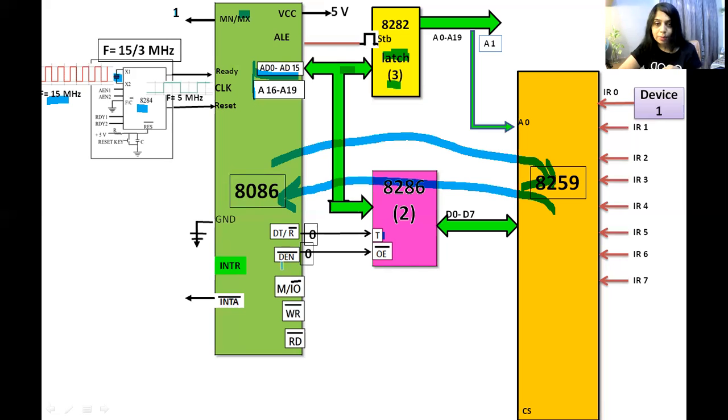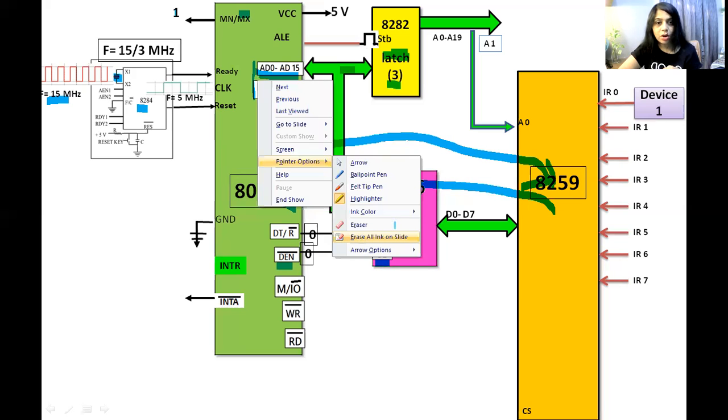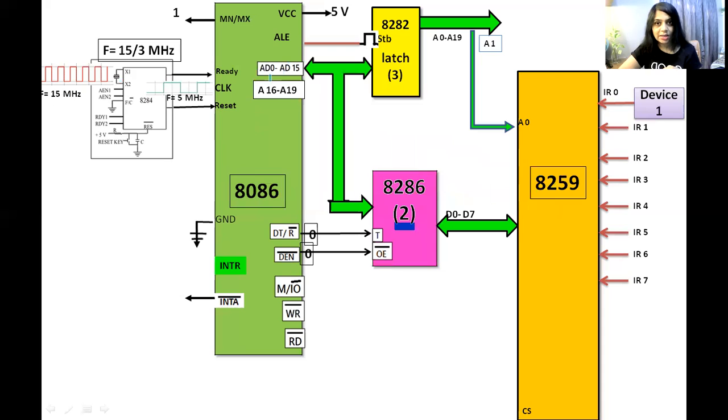The data enable bar pin, which is active low, is connected to the OE bar pin of 8286. Here we are using two ICs of 8286 because the size of the data bus is D0 to D15, that is a 16-bit data bus. One can be connected to 8 pins, and hence we need two 8286 ICs.